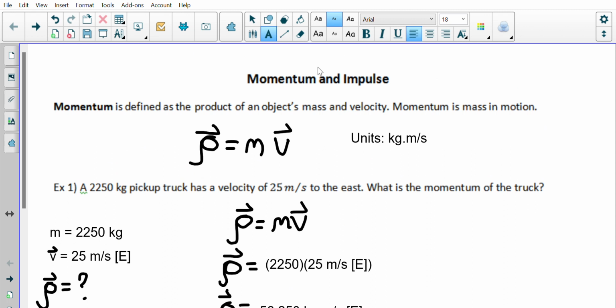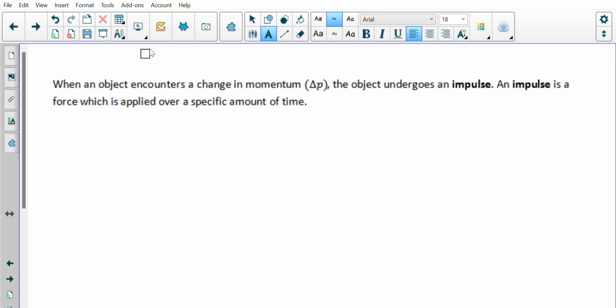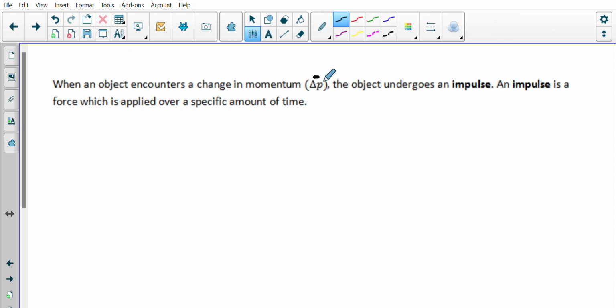Now you can see our title here is momentum and impulse. What an impulse is all about is that when an object encounters a change in momentum, and that delta, anytime in math and science, refers to change, then the object undergoes what we call an impulse. An impulse is a force applied over a specific amount of time.